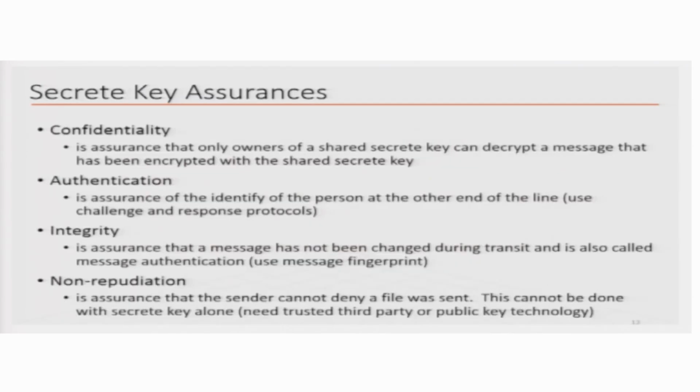So, let us see what are the properties of secret key or symmetric key algorithms. First of all, it assures confidentiality. Which means that if you have already exchanged the key and nobody else has the key, then when you send the cipher text, if somebody reads your cipher text on the way by tapping onto your network, they will not be able to figure out what is being sent, because unless they have the key they cannot decipher.